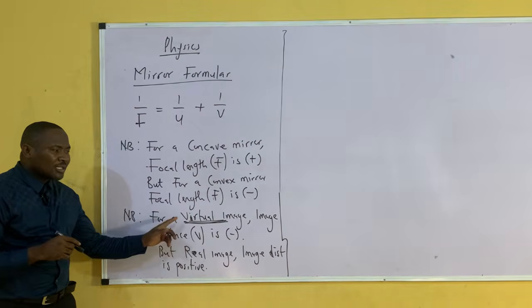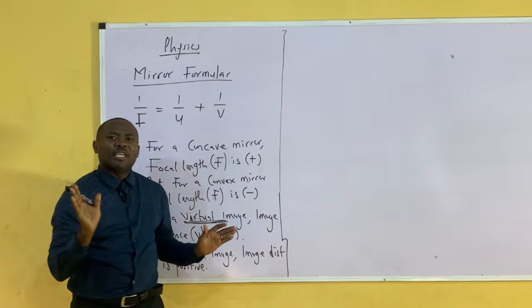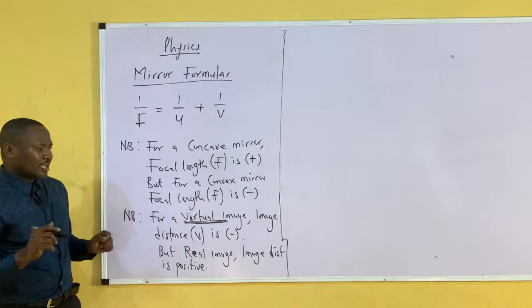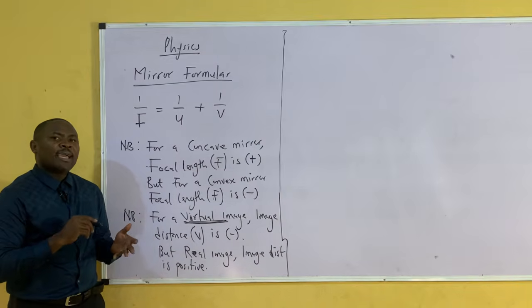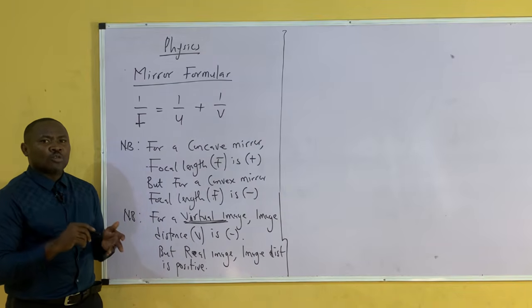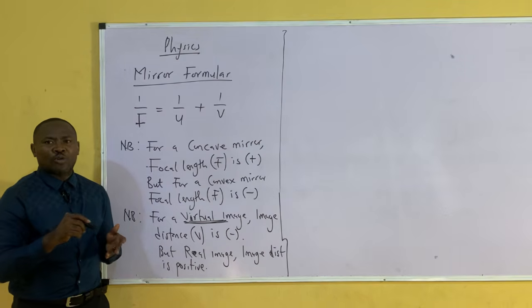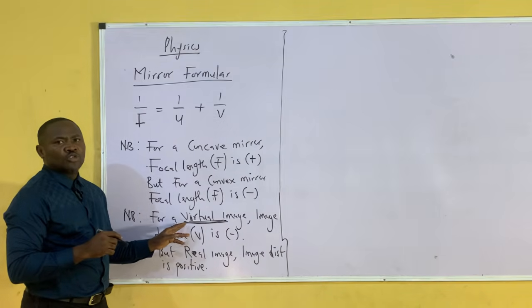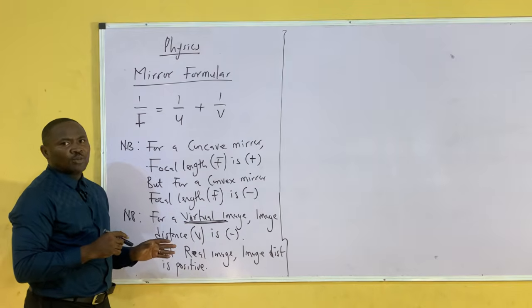All of these are of the same case, whether it is a concave mirror or a convex mirror. I reiterate again, if you do not see the word virtual, you look out for the word erect, look out for the word upright, and look out for the words behind the mirror. All of these are words used to connect a virtual image.